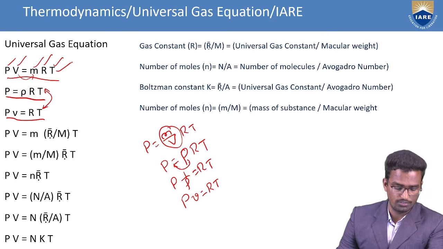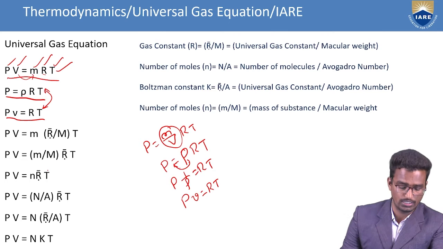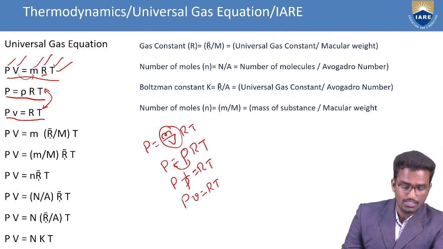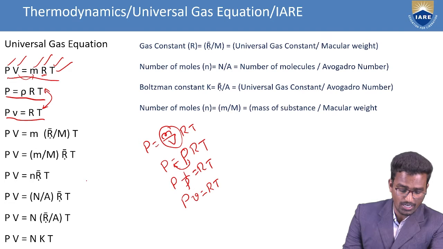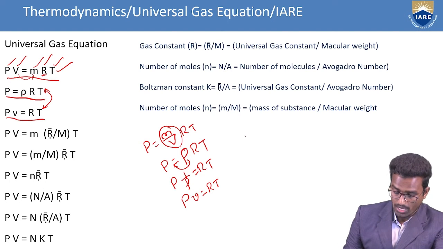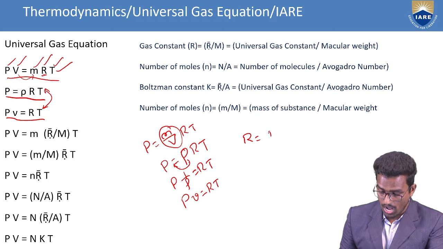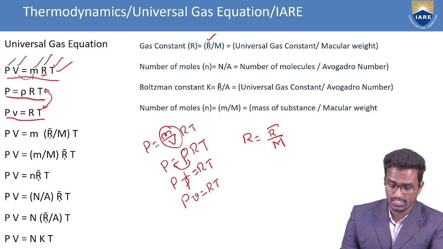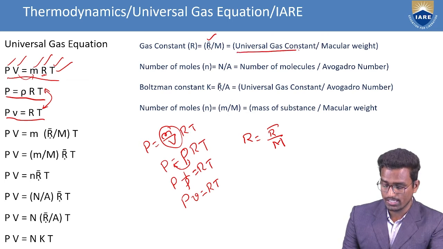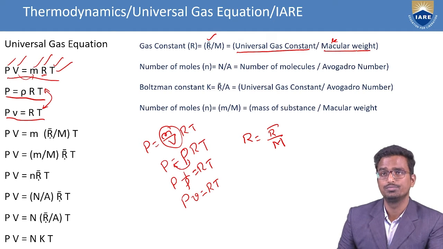I can also convert this ideal gas equation further. R is the gas constant, and I convert it into the universal gas constant: R = R bar by M, where R bar is the universal gas constant and M is the molecular weight.